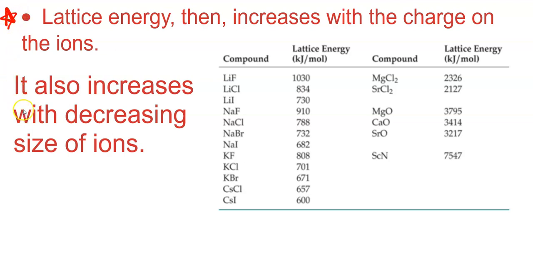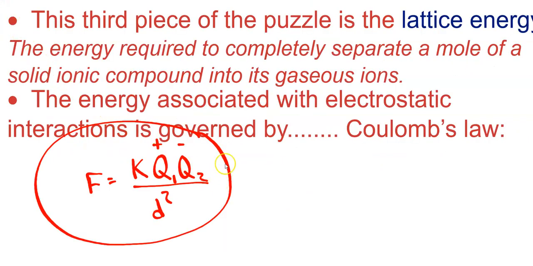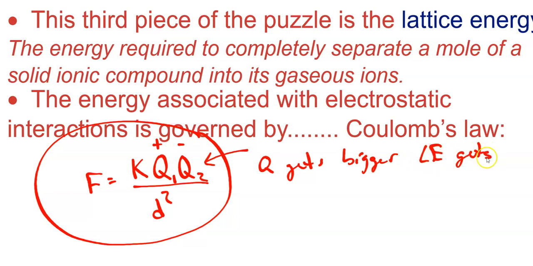Lattice energy increases with the charge on the ions. It also increases with decreasing size of the ions. Coming back to Coulomb's law, if Q gets bigger, lattice energy gets bigger.